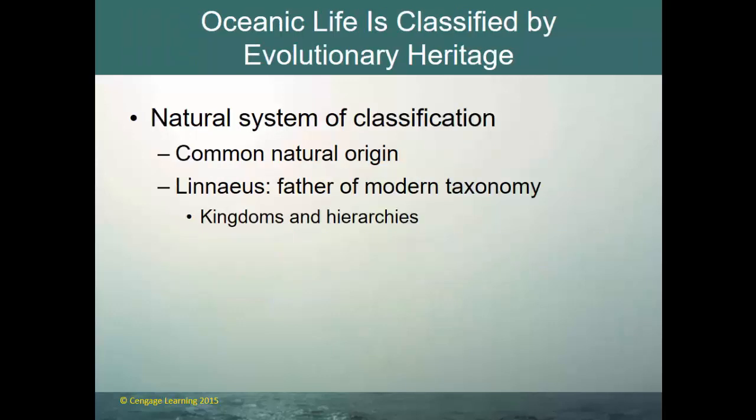Now, there is a natural system of classification that is based on this common natural origin and how animals evolve from that common natural origin. It breaks different animals into several very large kingdoms and then hierarchies within those kingdoms.